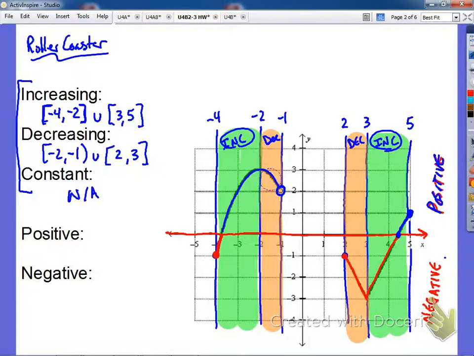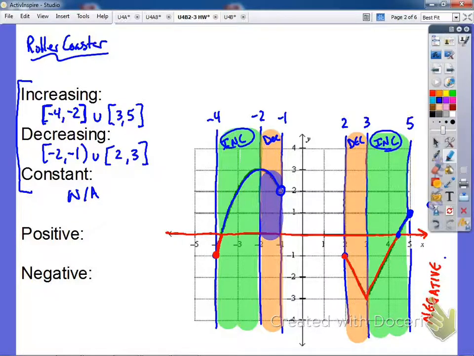So if I can take this graph, positive, negative, let's do it like this. If I could take this graph right here and I could squish it, I could just flatten it right onto the x-axis.